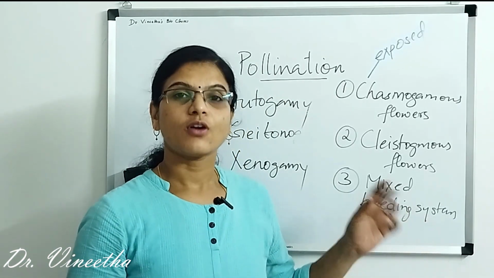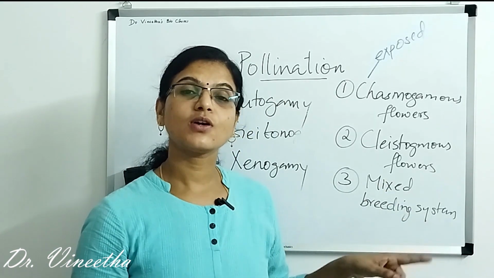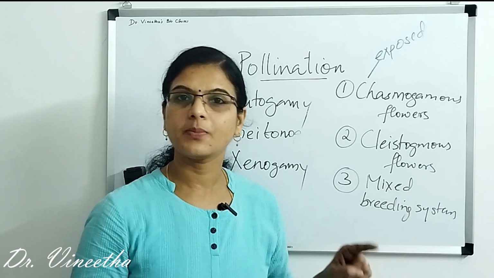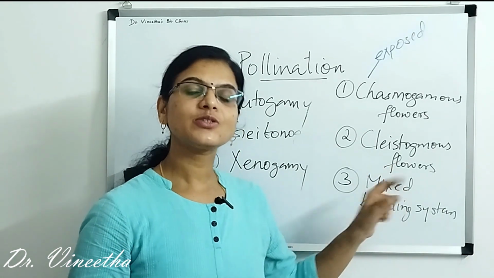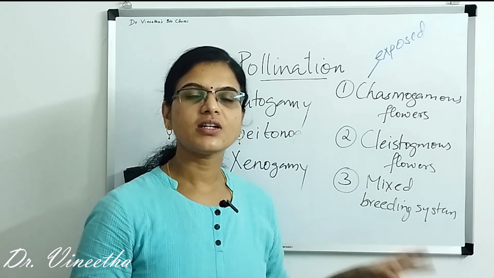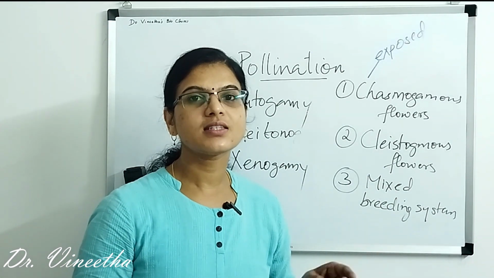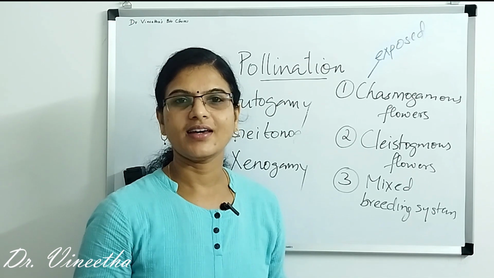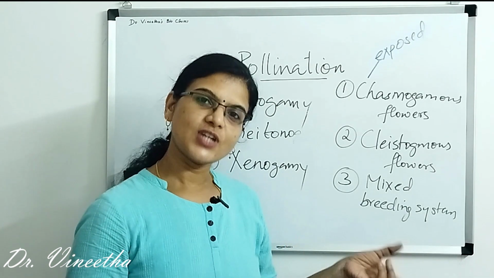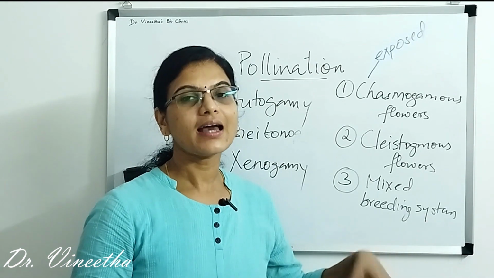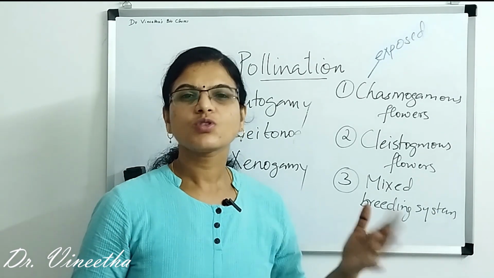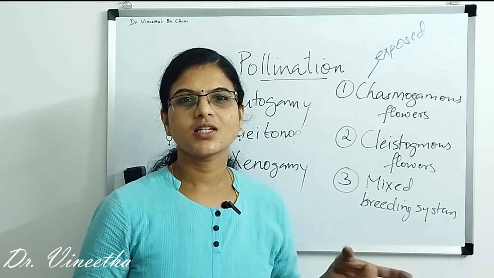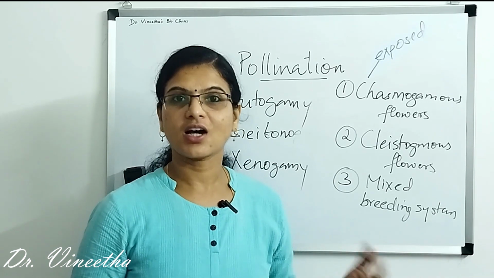Obviously, cross-fertilization happens, because of which the genetic variation will be very high, and due to the Cleistogamous flowers, self-fertilization happens and the chances of seed formation are very high. So here the genetic variation also happens and the chances of seed formation are also very high, because most of the time cross-pollination is a factor of chance.